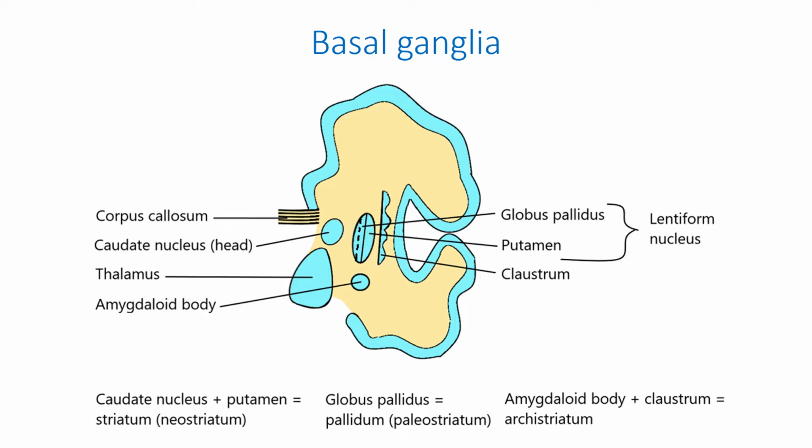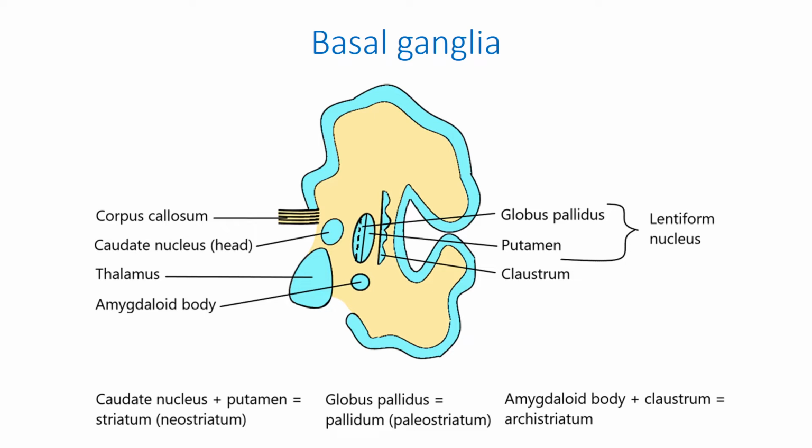and the globus pallidus, amygdaloid body or amygdaloid nuclear complex, and claustrum. The caudate nucleus and the lentiform nucleus together form the corpus striatum, that consists of two functionally distinct parts.